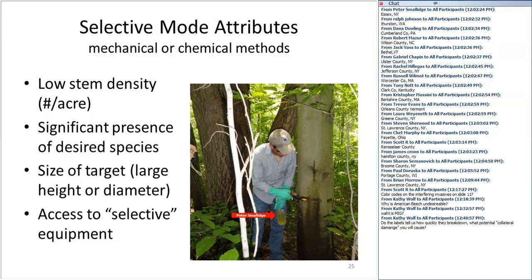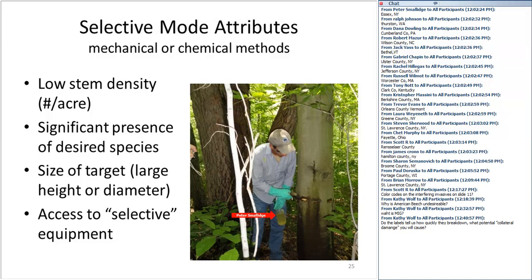So Kathy says the labels tell us how quickly they break down, collateral damage. The label does not tell you that, but there is other information, usually on websites, that will give you that information. The Penn State website that I just showed you has a book on the use of forest herbicides, and they talk about the half-life.